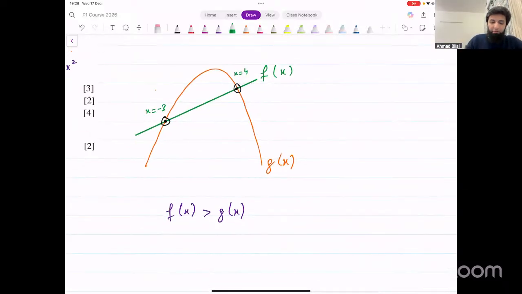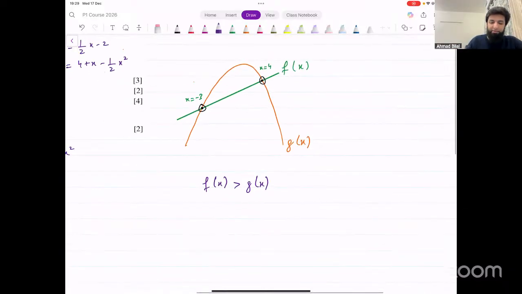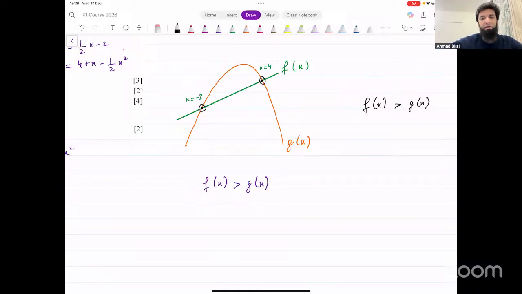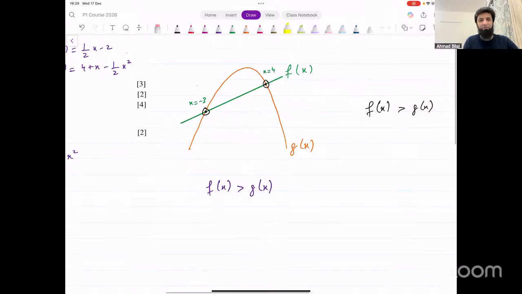Now, where is the graph of f of x greater than the graph of g of x? Where is the f of x graph above the graph of g of x? Can you see that on the graph? It's either this region on the extreme left, where the green graph is above the orange graph, or it is on the extreme right.